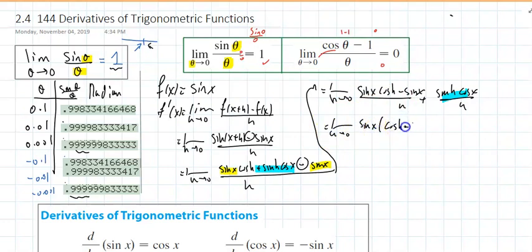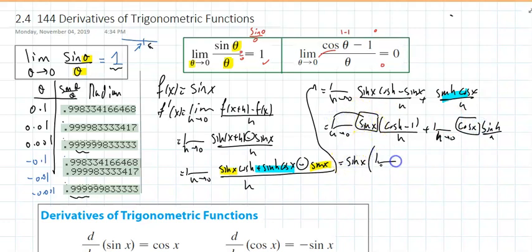That's the cosine of h minus 1 over h. And here I'll get the limit as h approaches 0 of the cosine of x times the sine of h over h. And since as far as h is concerned, those are constants, I could drag them up front and say that's the sine of x times the limit as h approaches 0 of the cosine of h minus 1 over h. And here I could do the same thing, cosine of x times the limit as h approaches 0 of the sine of h over h.